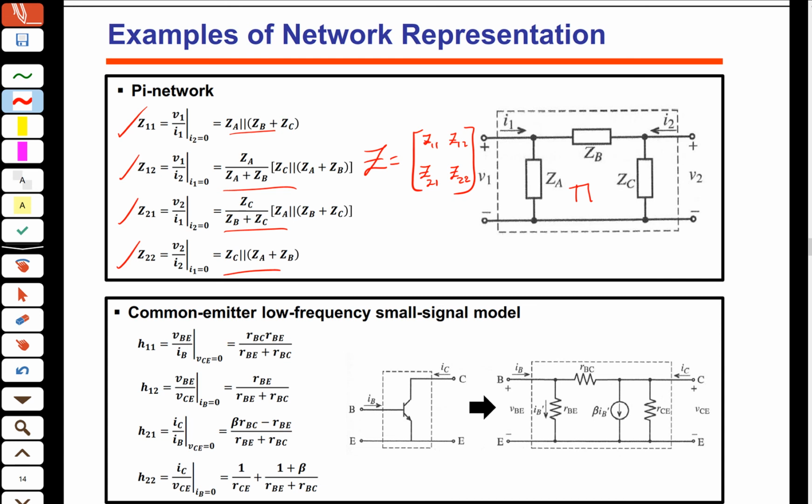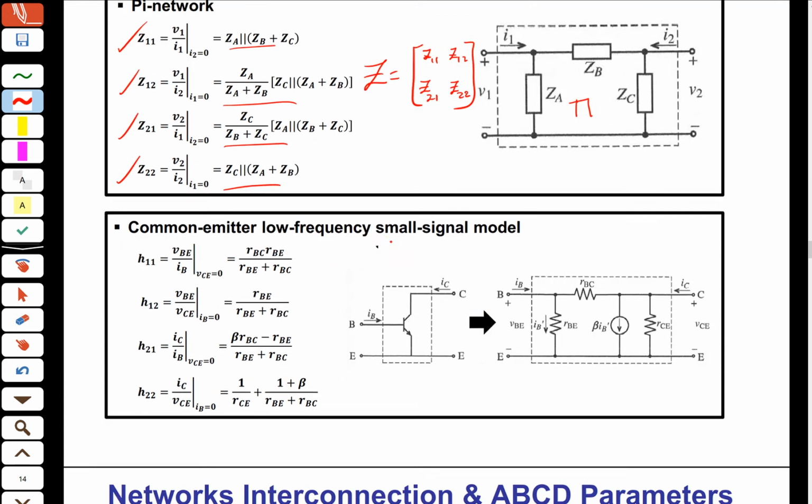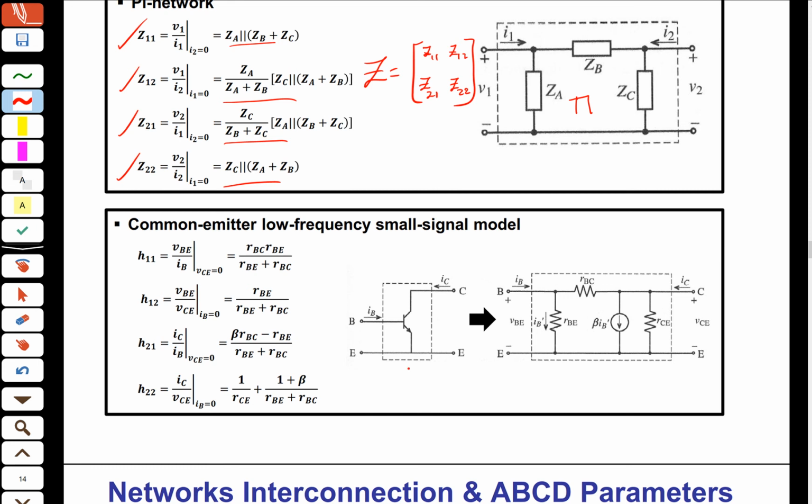And this is what I just mentioned: for example, for a common emitter small signal model of a BJT transistor, we can draw the small signal model and then define the H parameters of that. What's the relation between VBE and IB, which is the input impedance?